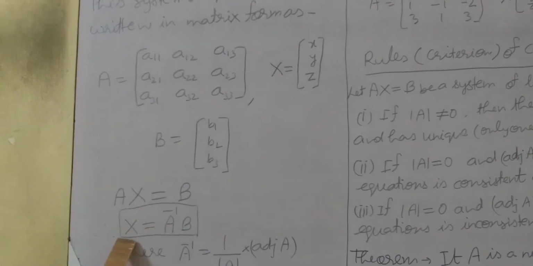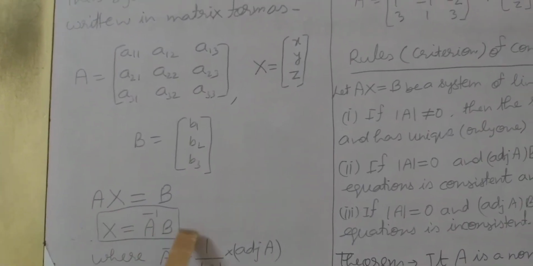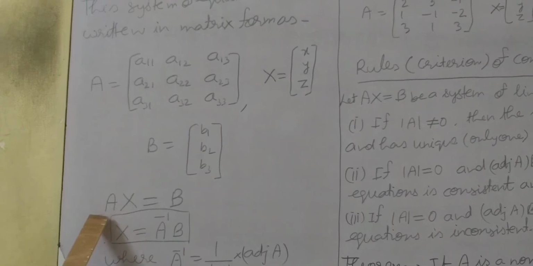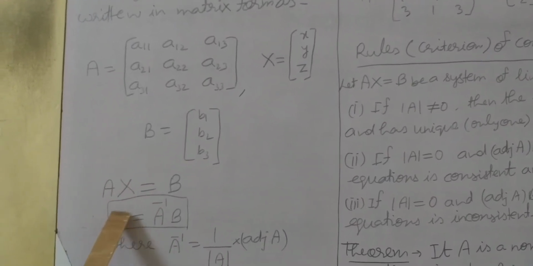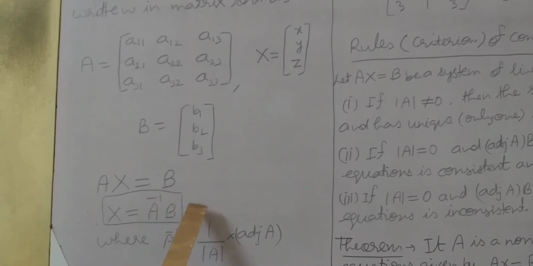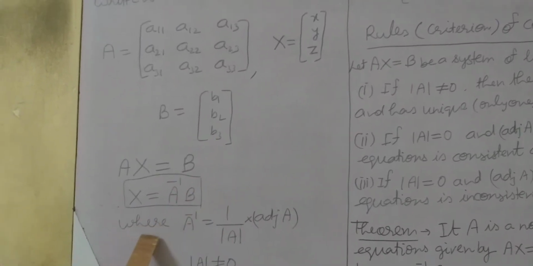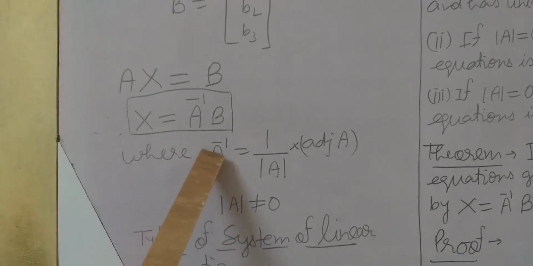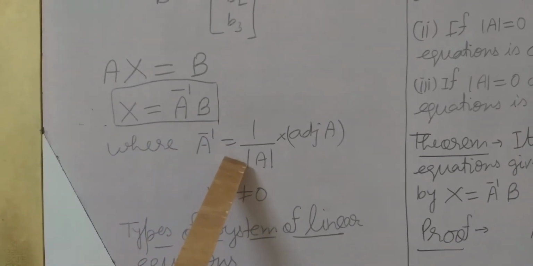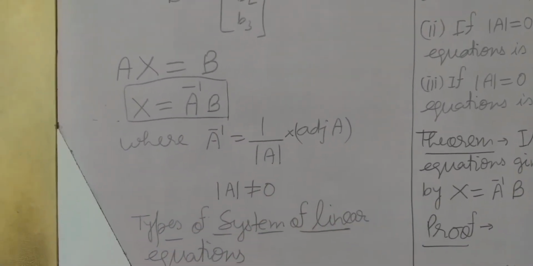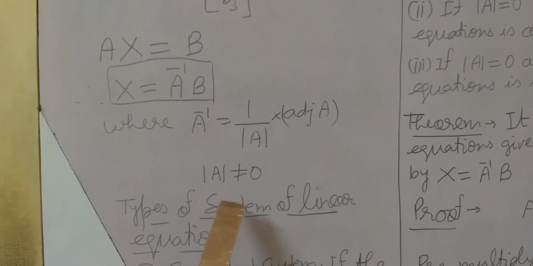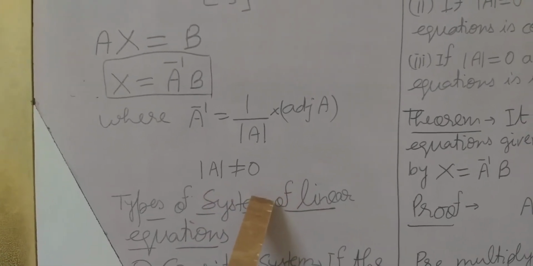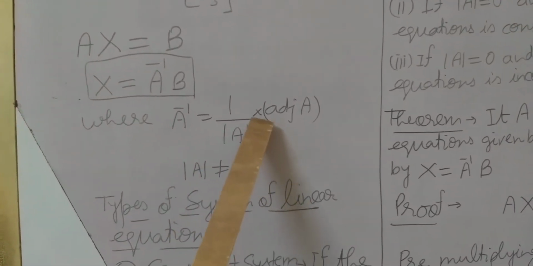So X equals, students, A inverse B. A is a matrix, so when we have to find the value of X, it will be A inverse B, where A inverse equals 1 upon determinant of A into adjoint A. Okay students, and determinant of A not equal to 0, because it is in the denominator.